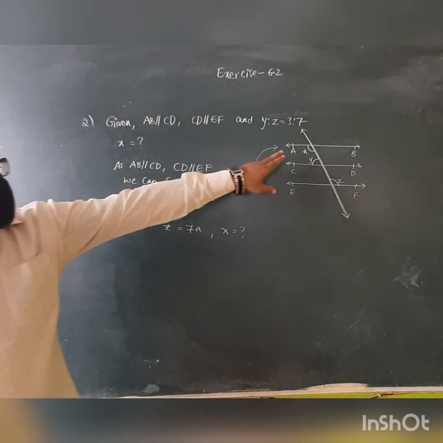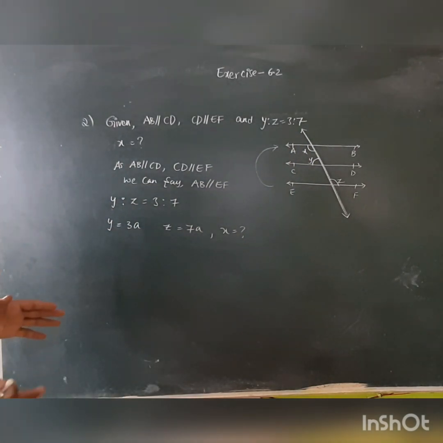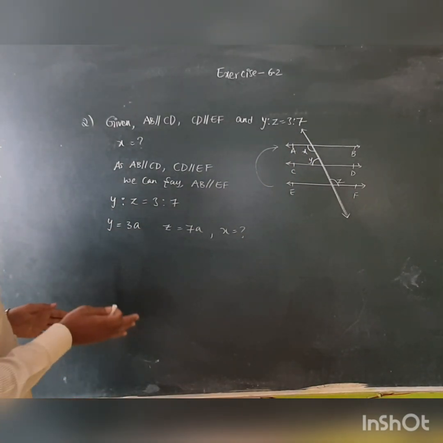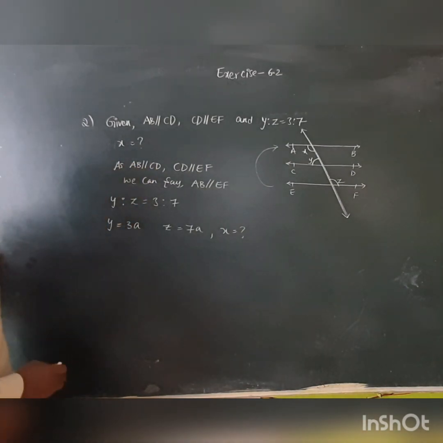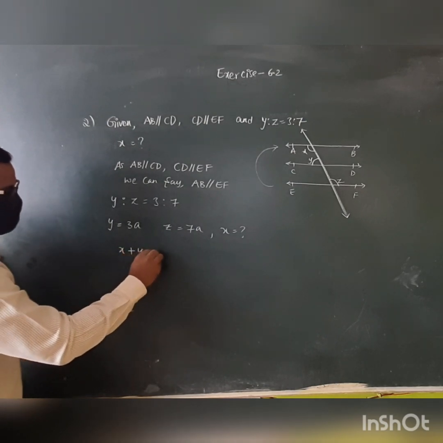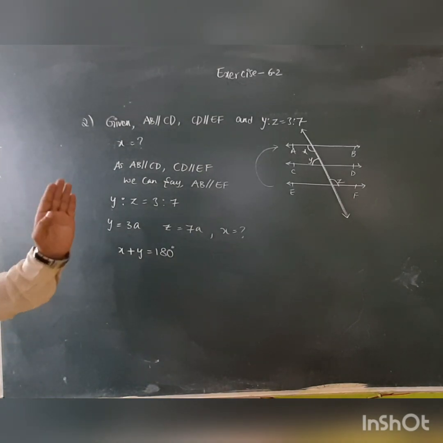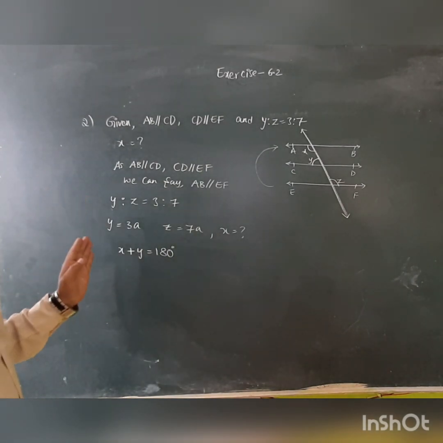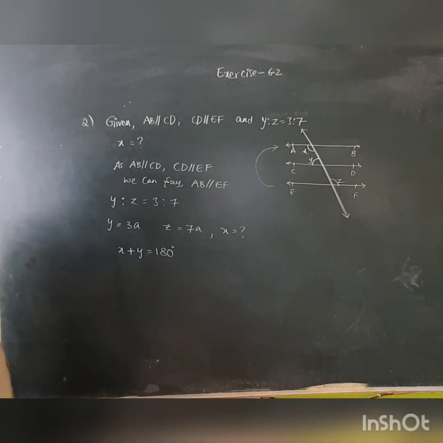As we know, the angles that lie on the same side of the transversal under interior can be said to be supplementary angles. So the sum of these two angles is supplementary. That means x plus y equal to 180 degrees, because the angles that lie on the same side of the transversal under interior are called supplementary.